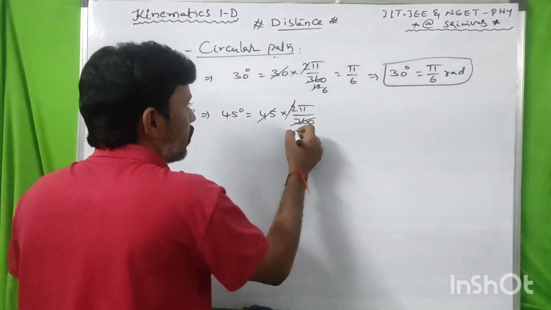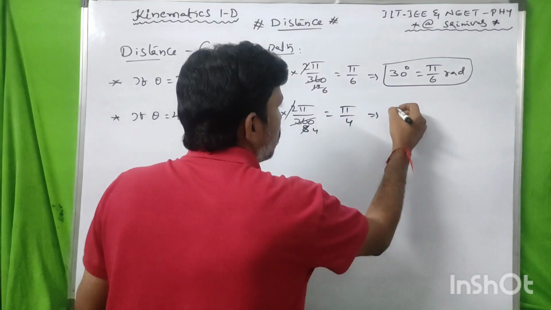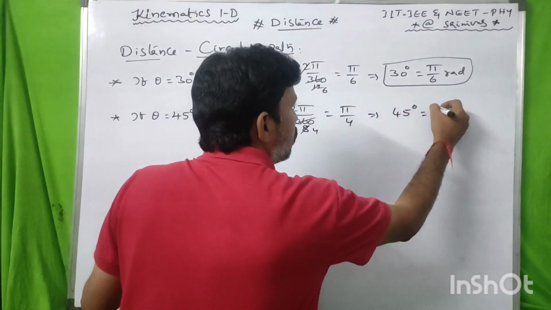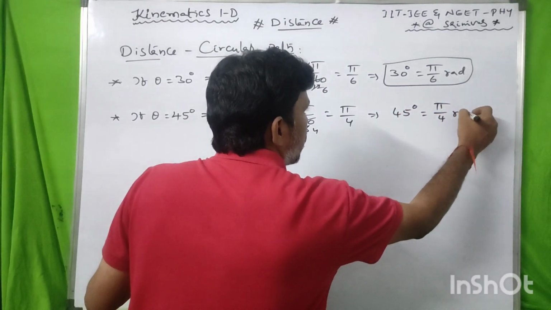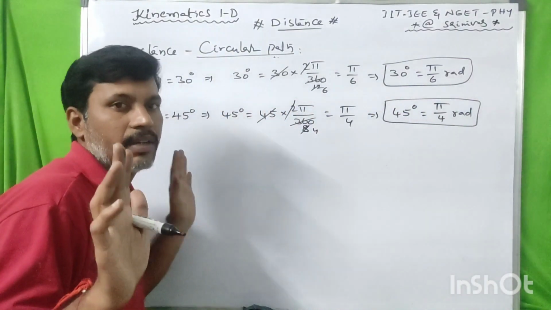So 2 1s 2, 4 times. And pi by 4. That means 45 degrees is equal to pi by 4 radians. ఎక్కడ 45 వస్తే డైరెక్ట్గా pi by 4 radians.